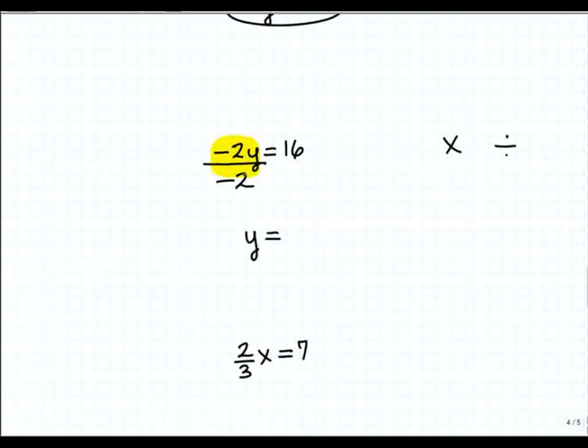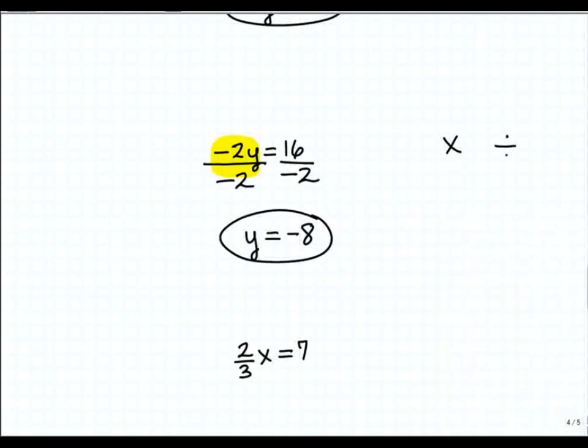But if I divide the left-hand side of the equation by negative 2, I also have to divide the right-hand side by negative 2. So negative 2y divided by negative 2 is y, and 16 divided by negative 2 is negative 8. So that's the solution.